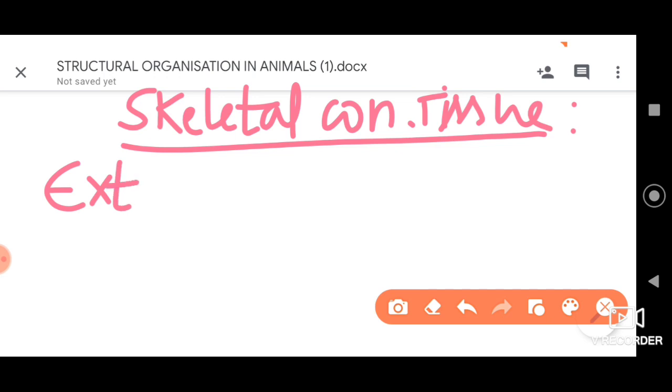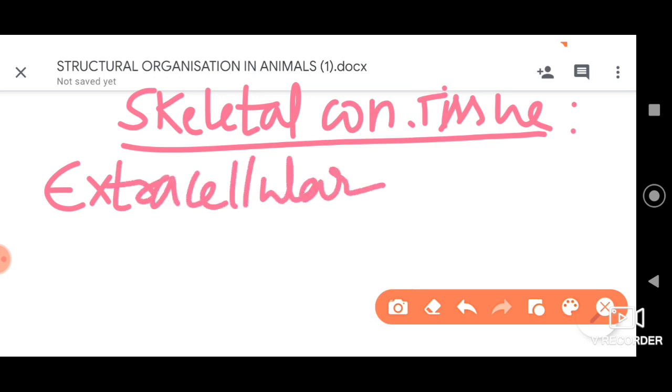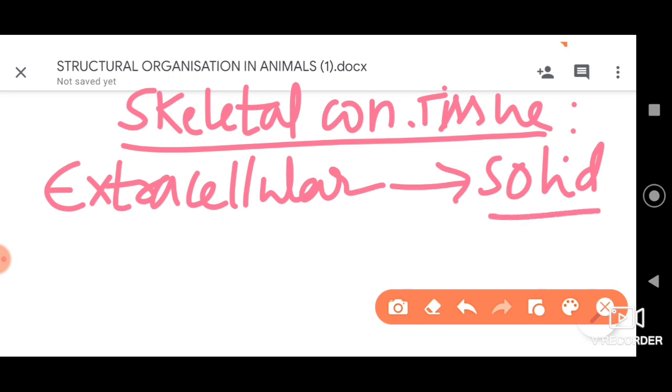Extracellular means outside the cells of these connective tissues, the material we call the ground substance or ground material, which is solid in nature. It is very hard. Please remember students that extracellular means outside the cell. Outside the cell, the area which is covered is solid in nature in case of skeletal connective tissues.